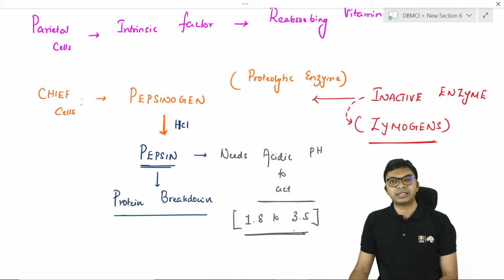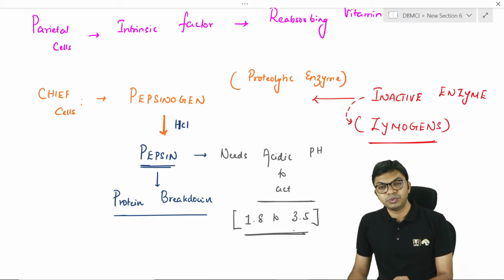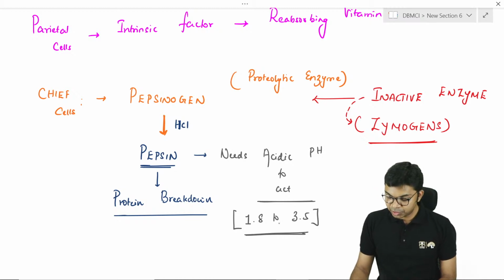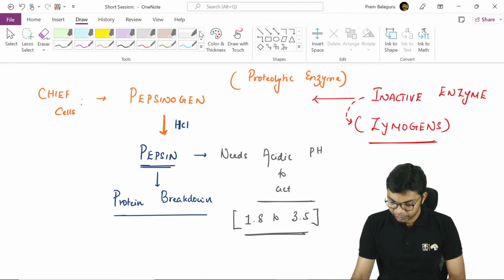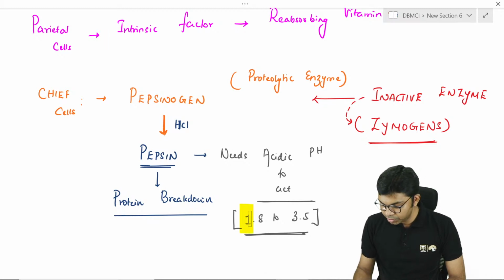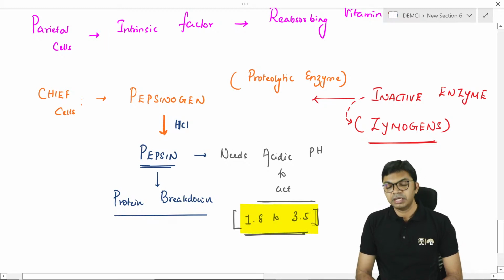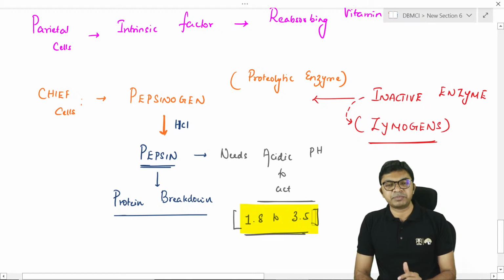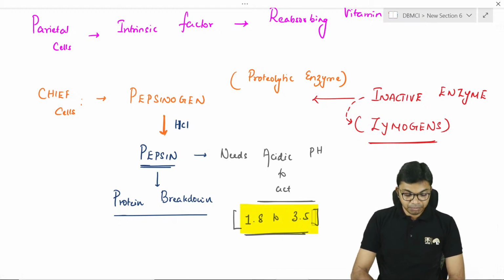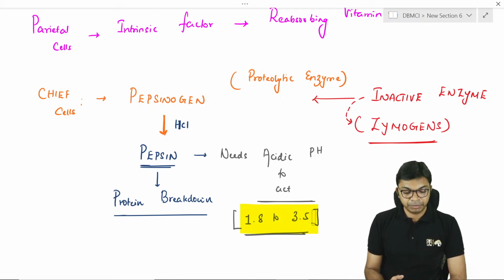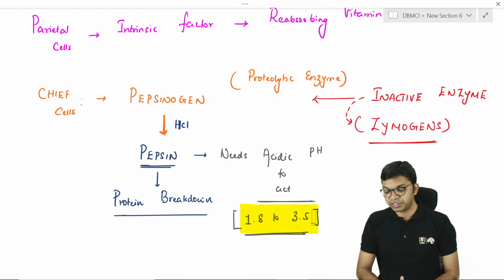Pepsin will break down protein molecules only at a pH of 1.8 to 3.5. Beyond this range of pH, pepsin does not act and becomes inactive. So within very few minutes, pepsin can be easily inactivated if the pH is taken out of the range.